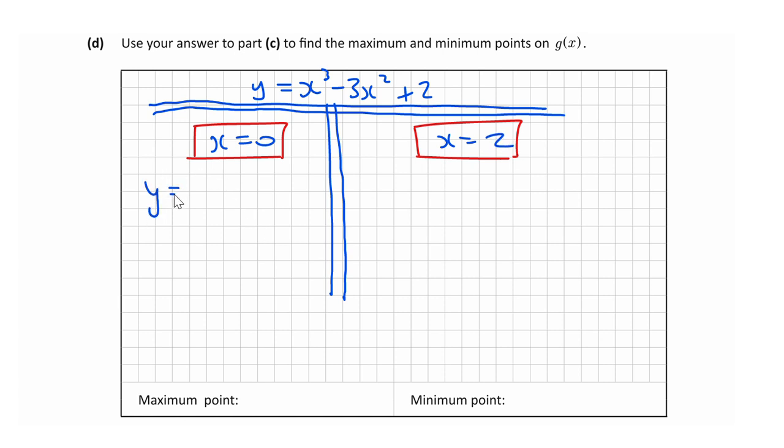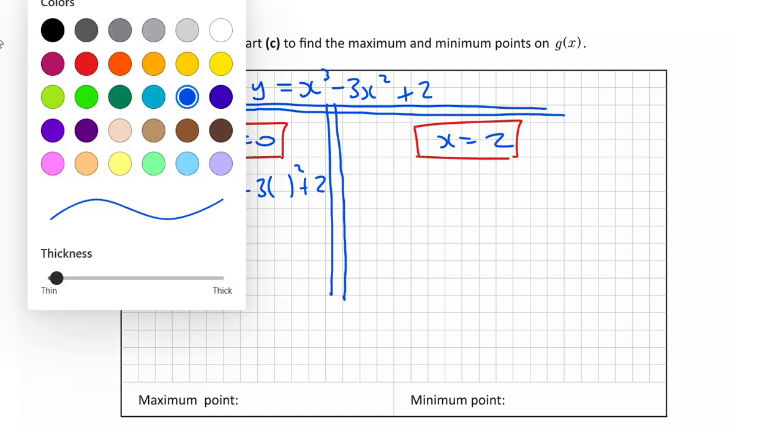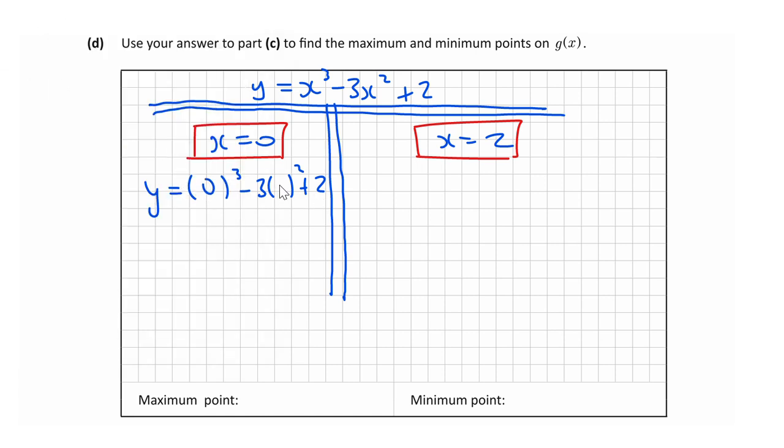We sub it in here now. We'll just do the first one, just keep it nice and clean. Sub in 0 for x, and in this first one we get y is 2. So our coordinate point here is 0, 2.